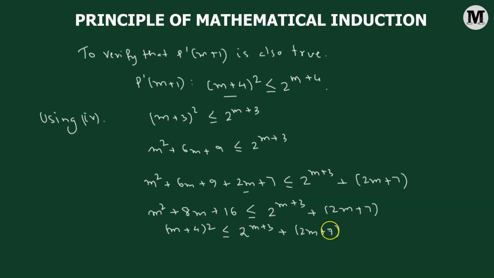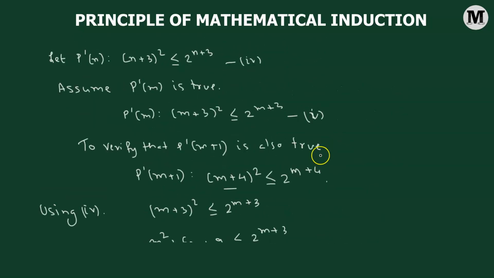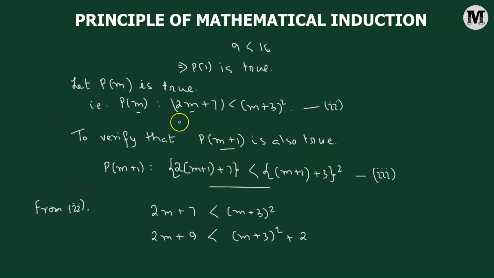Fine. Now we have (m plus 4) whole squared less than or equal to 2 raised to the power of m plus 3 plus 2m plus 7. Now, we have already shown in statement number 2 that 2m plus 7 is less than (m plus 3) whole squared.